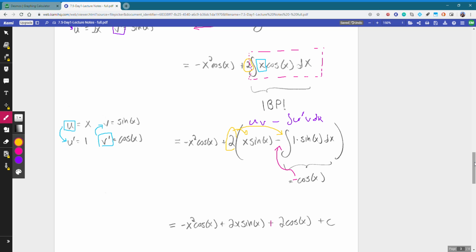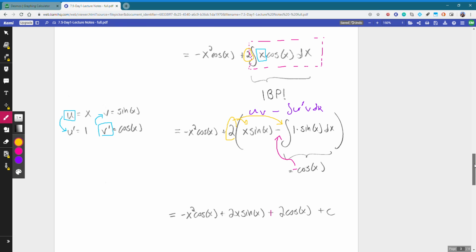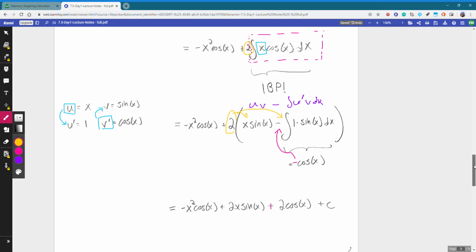Yeah, let's go with that. I'll make a note, or someone call me out if I made a mistake somewhere with the sign, but I think that should be a plus 2 cosine x at the end.